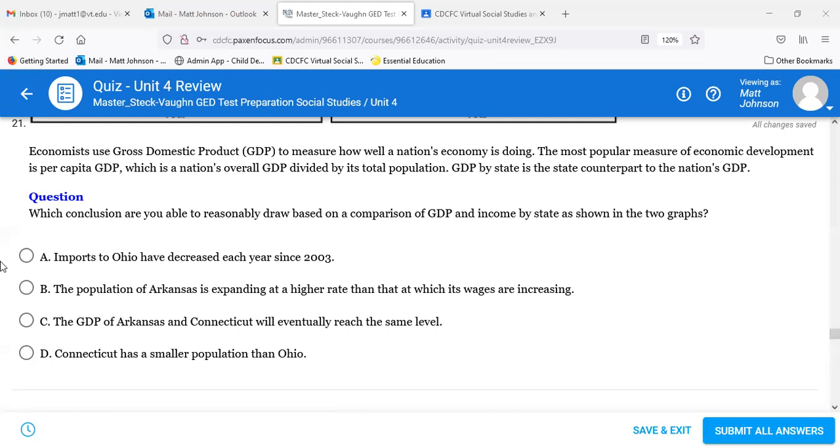C, the GDP of Arkansas and Connecticut will eventually reach the same level. D, Connecticut has a smaller population than Ohio. Is it D? Yes, D as in dog.